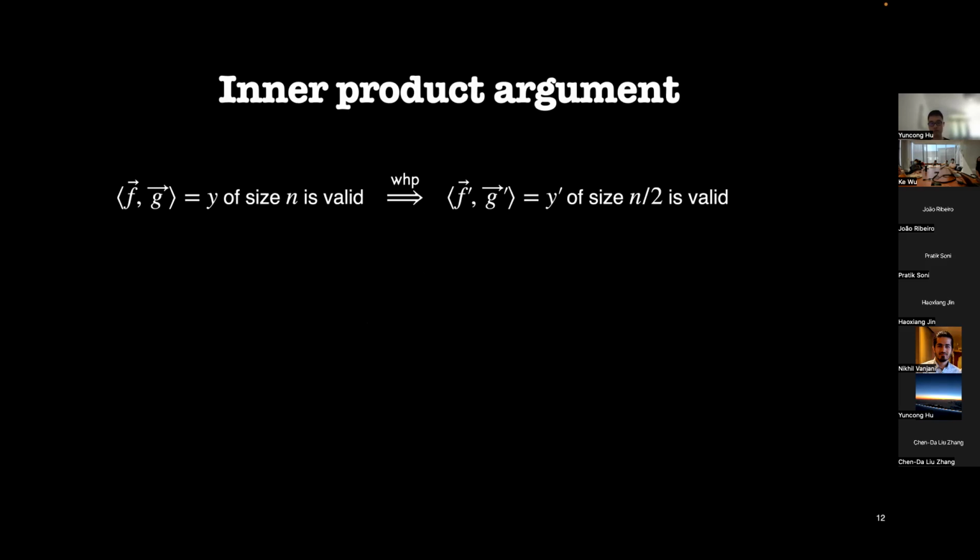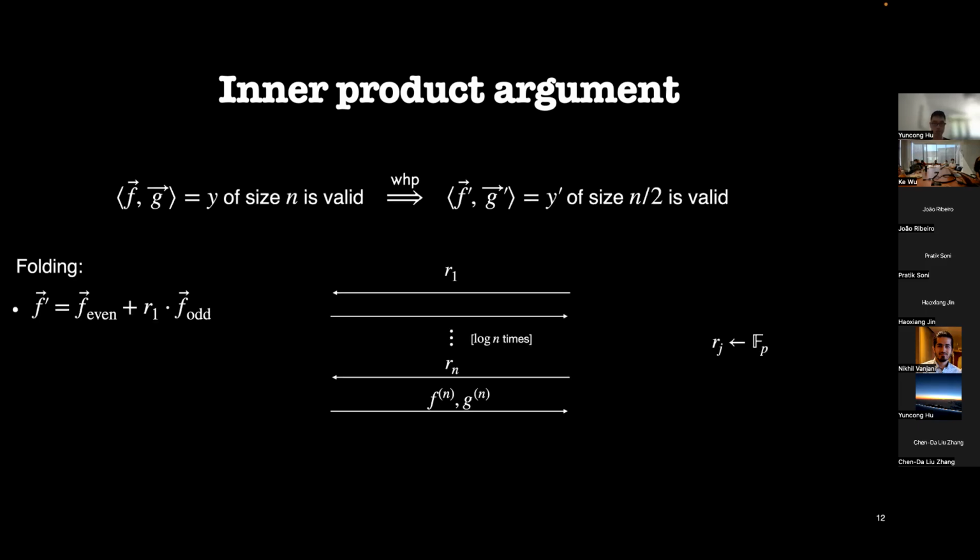The way we usually do it in prior protocols, or in most inner product arguments, is that we reduce this problem to a sub-problem with smaller size. For example, we reduce the two vectors of size n to a sub-problem, f prime and g prime, and each of these vectors will only have size n over 2. We repeat this reduction, and finally you just get two constant size vectors, and the verifier can verify it very easily.